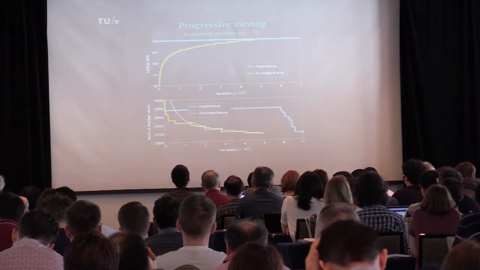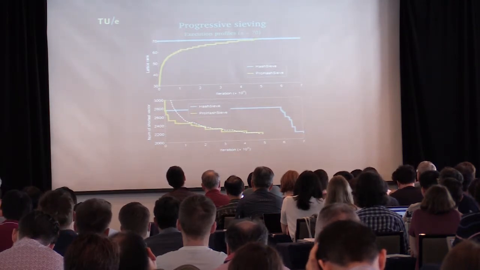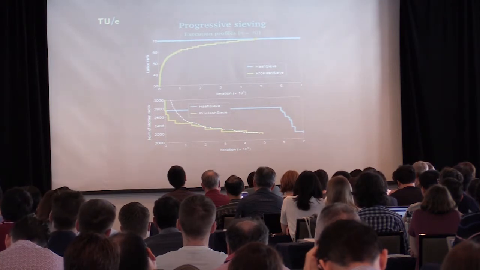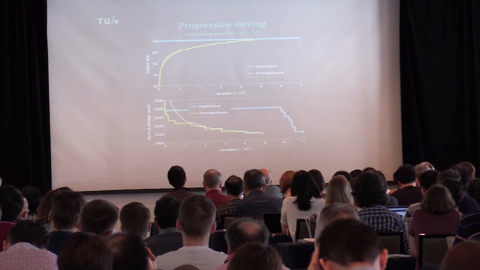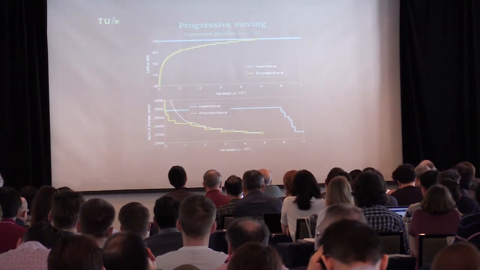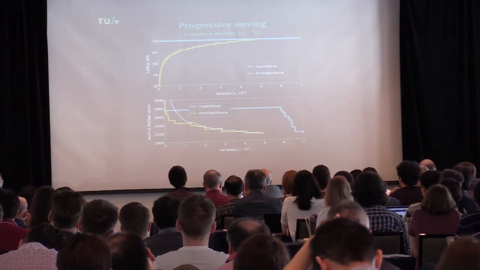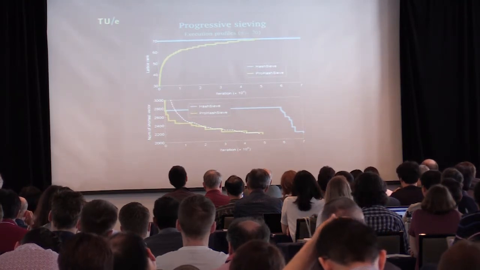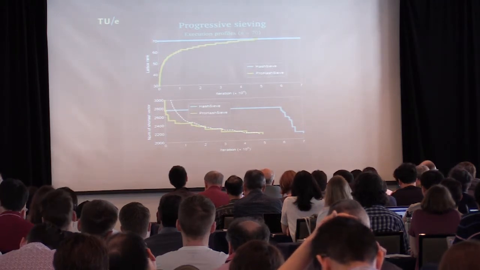And also at the bottom figure, it's interesting to see that usually, if you keep track of the shortest vector that you found so far, so you have your list of vectors, you do some reductions, and then maybe you find some shorter vectors. Then with original sieving, it usually takes a lot of time before you make any progress at all, because at the beginning you're just generating a lot of vectors and making some reductions, but not making a lot of progress.